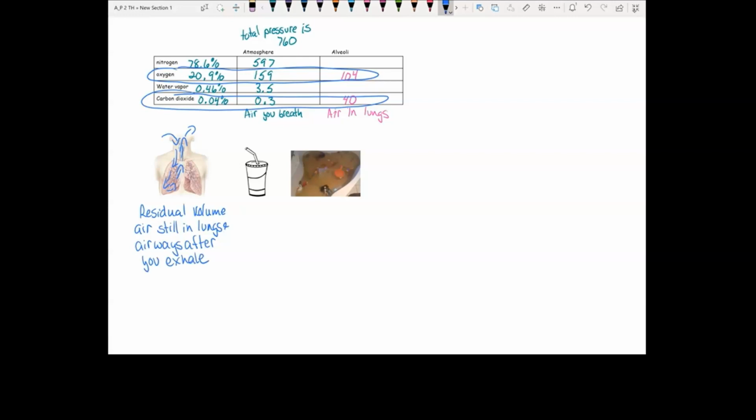You're at the movies, you have your drink, and there's that last little bit of soda you can never quite get out, right? Also, when you drink through the straw, you go to take a sip, and the soda starts moving up the straw. You have some that gets up here into the straw, and then you stop drinking. Well, this stuff falls back down into your cup. That's how your lungs are.